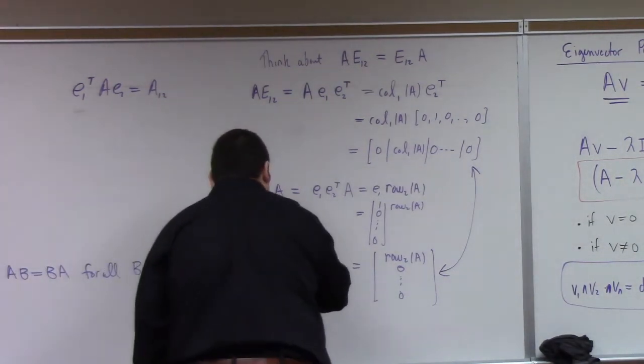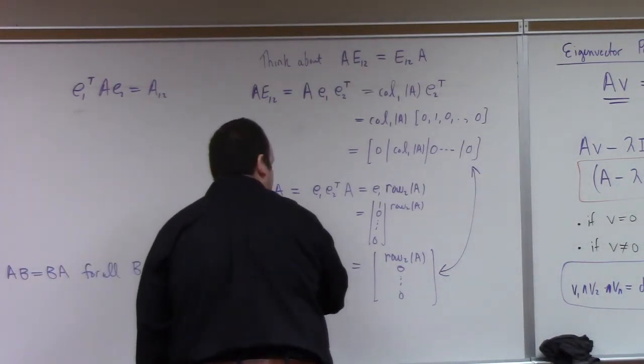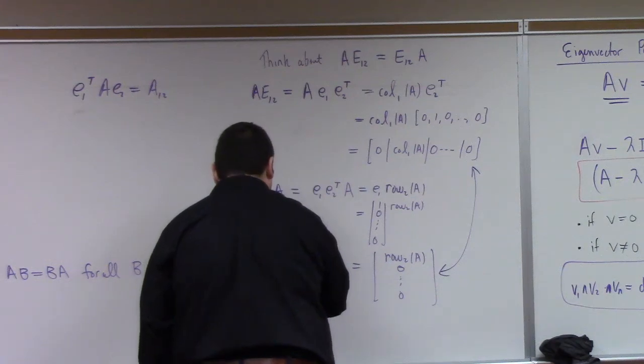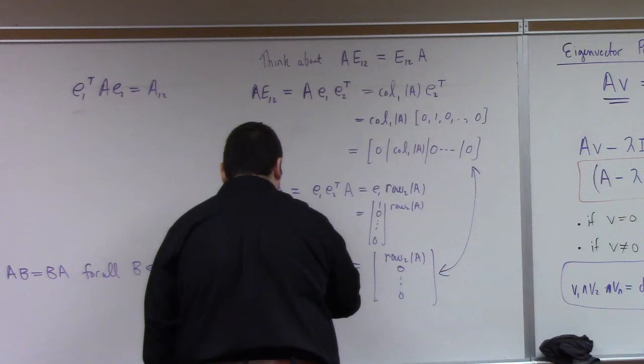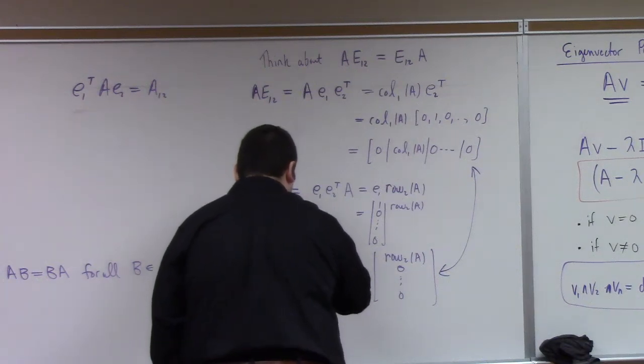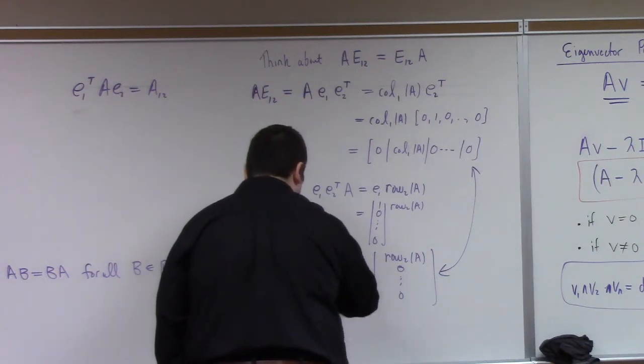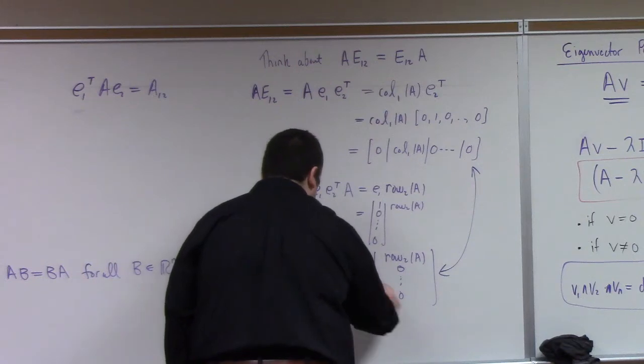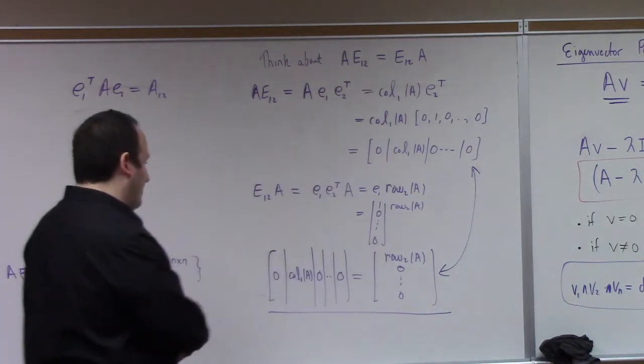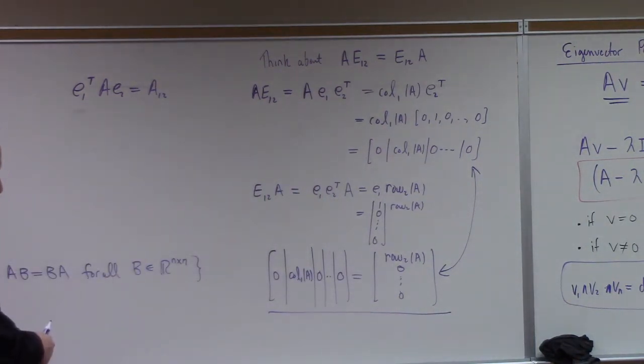Let me write it in the same stupid line so we can better appreciate it. Column 1 of A. So wait, what did you say again? Column 1 has to be a multiple of E1.